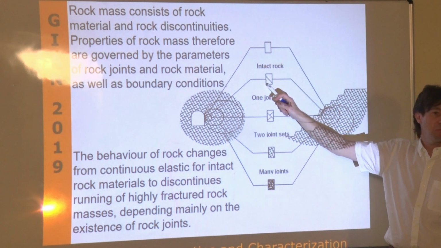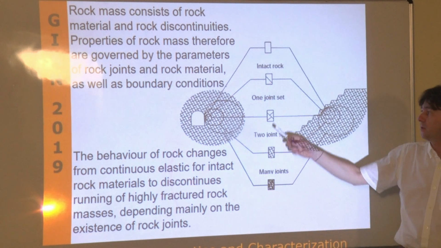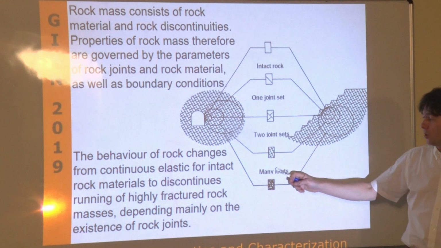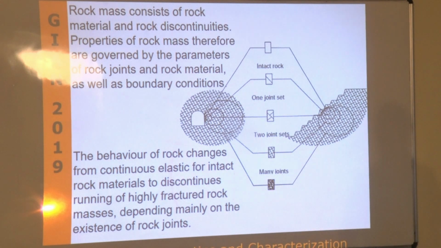You might encounter only one joint, just a few joints, maybe more, or maybe so many that your entire volume of rock is equivalent to an uncohesive soil, because the blocks are so small with respect to the dimension you're modeling that they are basically small grains of sand.